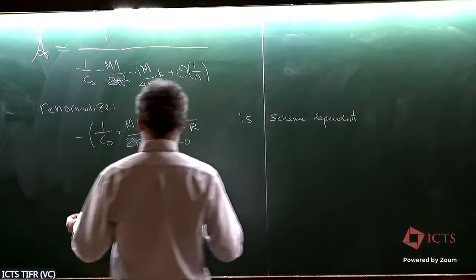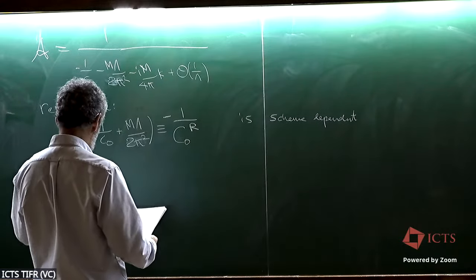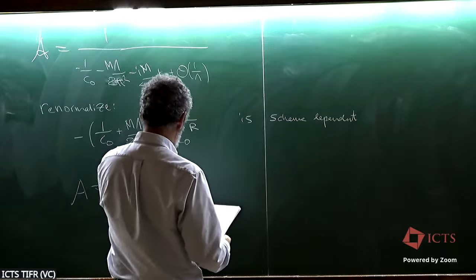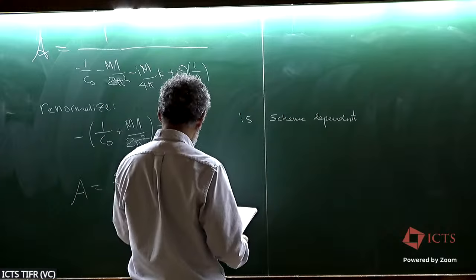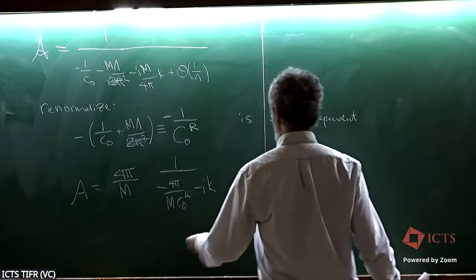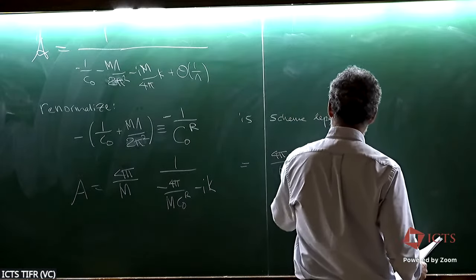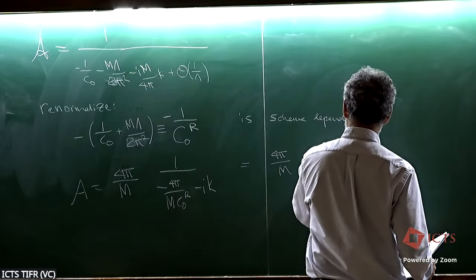Okay, so then what you find is that A can be written as 4 pi over m, 1 over minus 4 pi over m C naught renormalized minus ik, and this, of course, equals 4 pi over m, 1 over k cotangent delta minus ik.